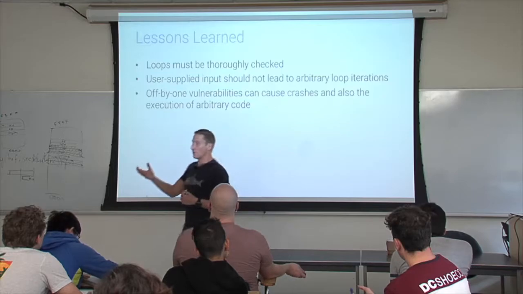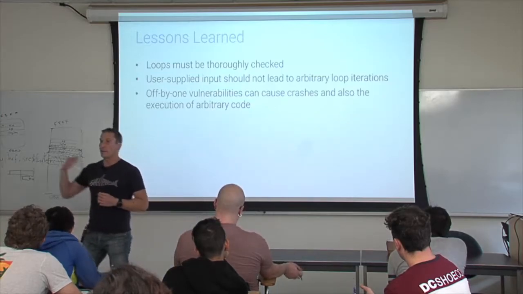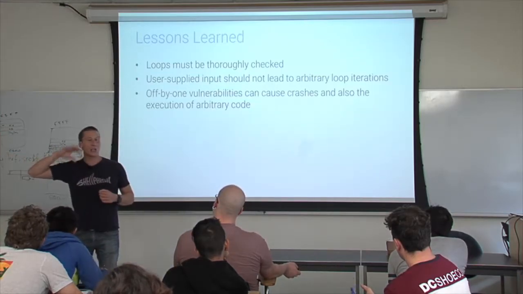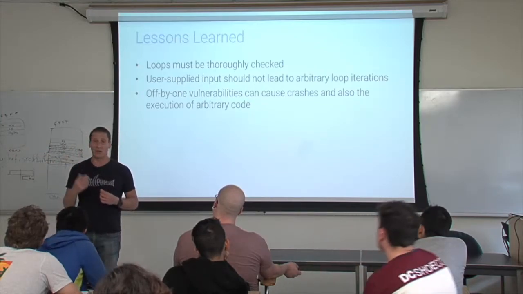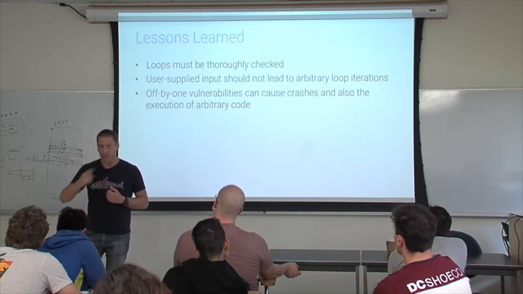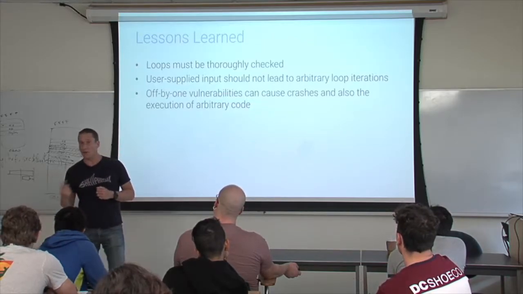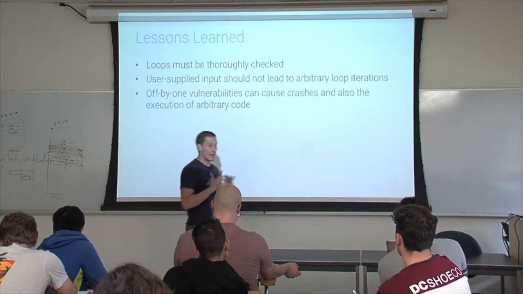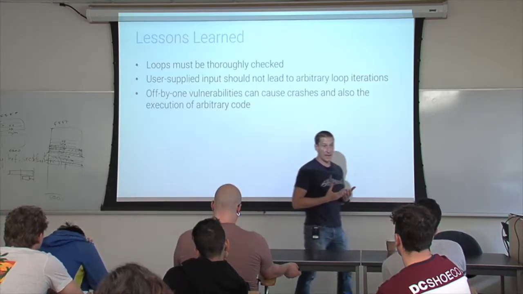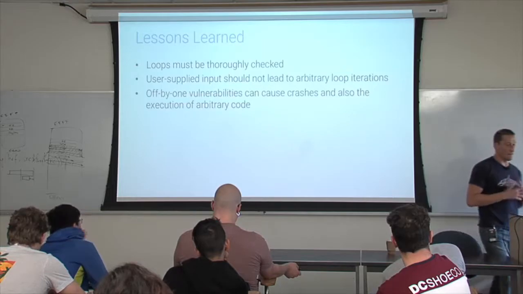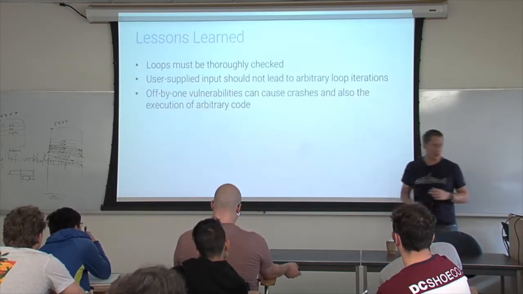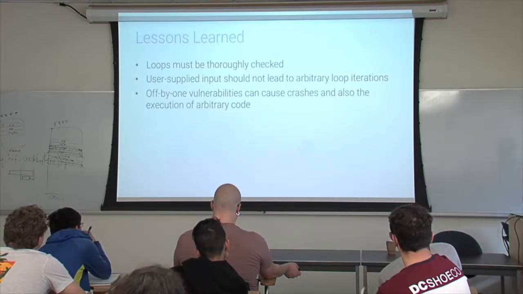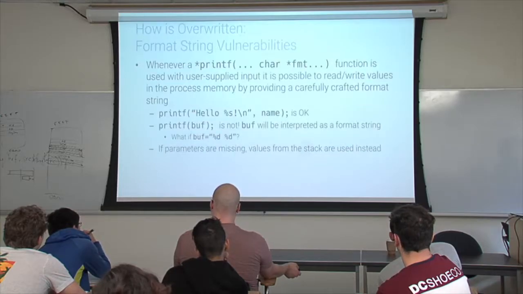For example, there is a server, and suddenly the number of iterations on encrypting a large buffer is determined by my input. Now I can say, oh, do it 1 billion times. And suddenly the server is doing something very expensive many, many times and can create a denial of service attack. And these are not very easy to detect. Also remember that the off-by-one can cause crashes, but also execution of arbitrary code.